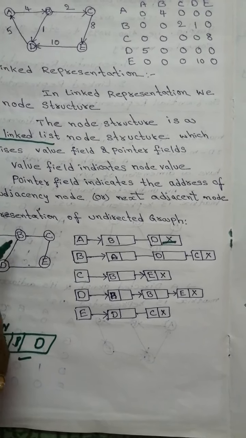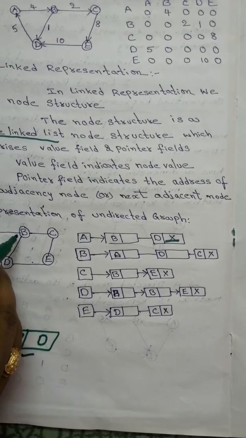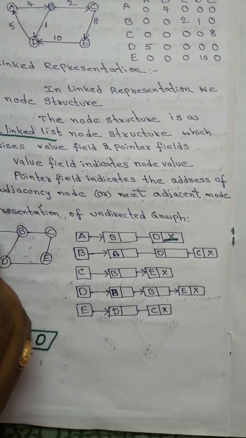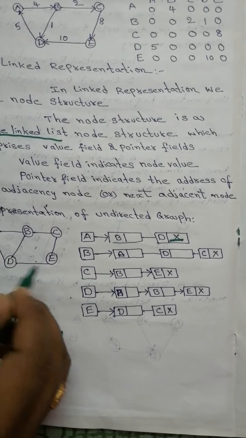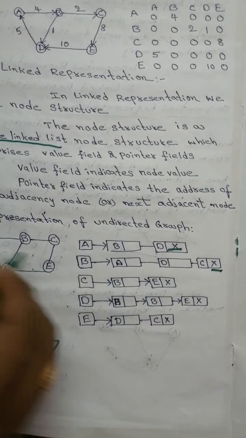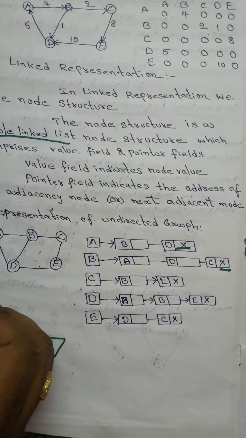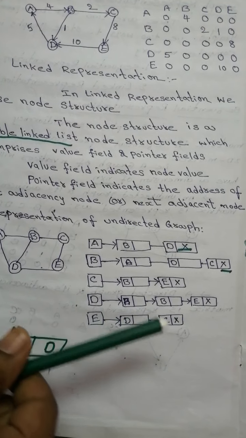Similarly, when B is the starting node, it has adjacency nodes A, C and D. So A, D, C, and then null. Like this we will be representing. Now you may have a doubt here.